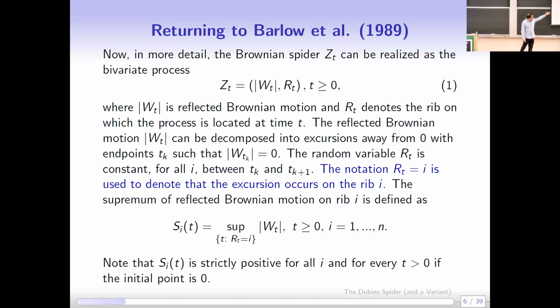The notation R_t equals i is used to note that the excursion will occur on rib i. An important quantity that we'll be using throughout is the supremum of reflected Brownian motion on rib i. So S_i(t) will be the sup corresponding to the ith rib of the reflected Brownian motion. And of course, S_i(t) will be strictly positive for all i and for every t greater than 0 if the initial point is 0.